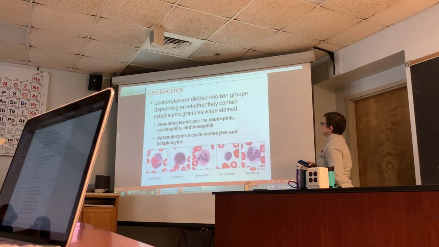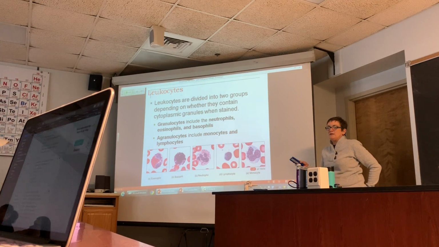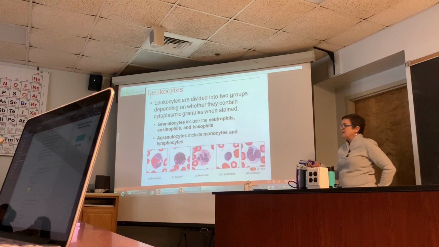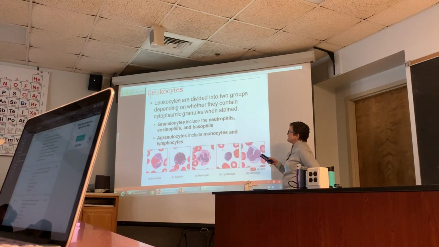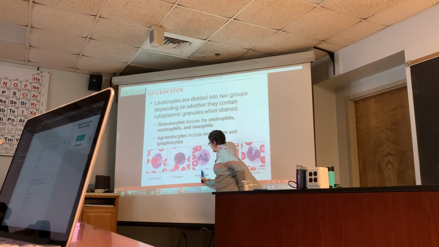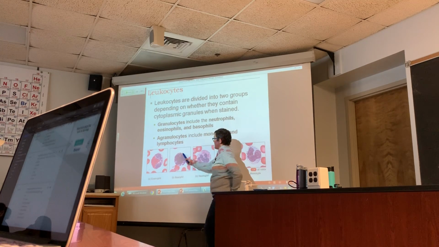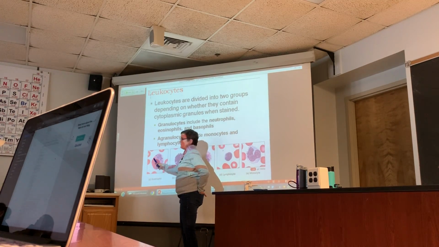Now, there are two groups of leukocytes or white blood cells. And when you see WBC, that means white blood cell, same thing as a leukocyte. Granulocytes or granular leukocytes is another name for them, are the neutrophils, basophils, and eosinophils. They have visible granules in the cytoplasm.